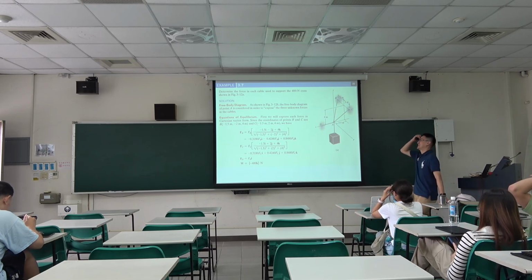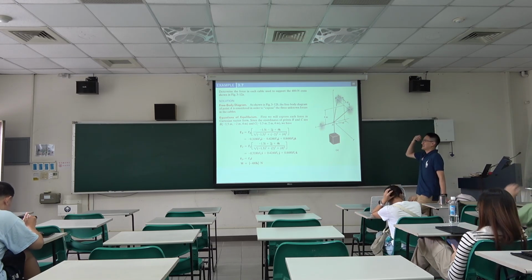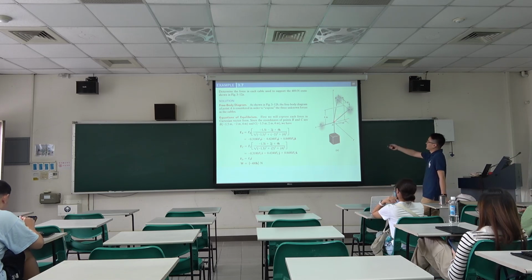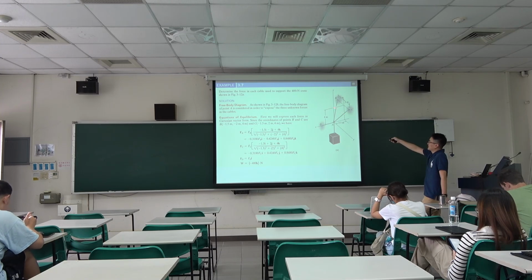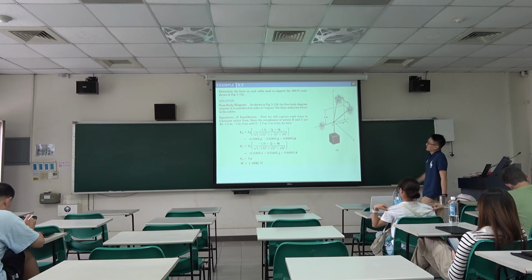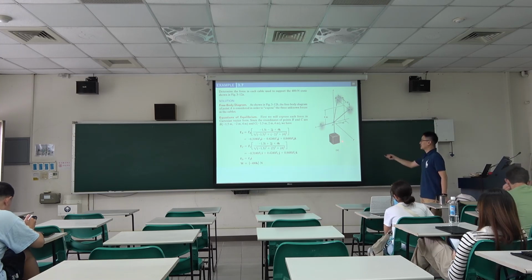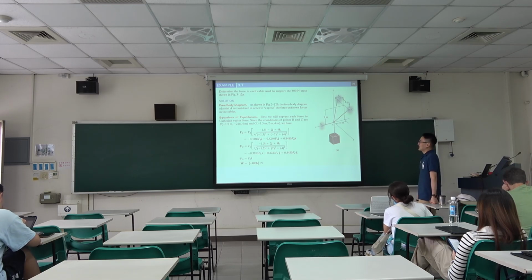Okay, so we start the class. This example, we want to determine the force in each cable. From the figure, we can see there are 3 cables, excluding this one, used to support a 400 Newton crate here.